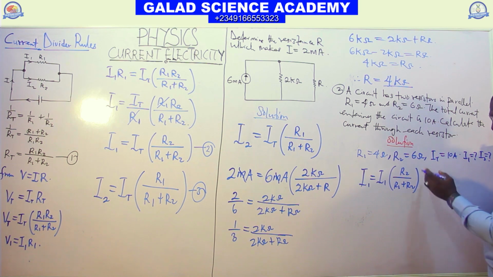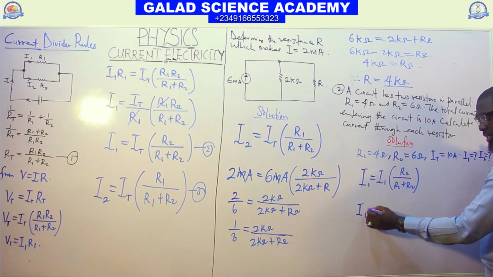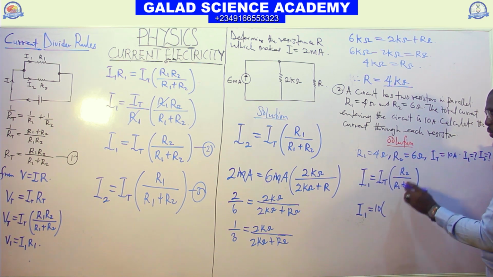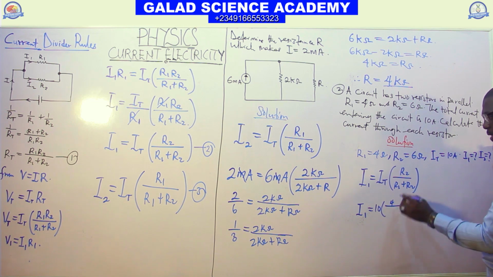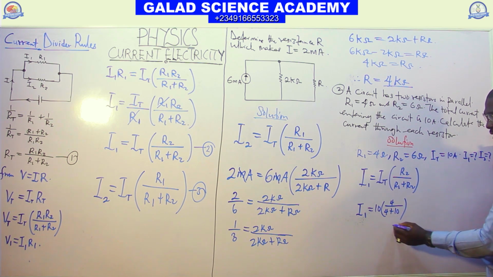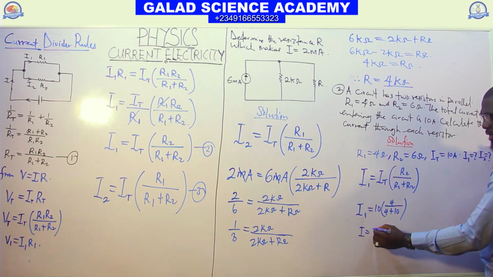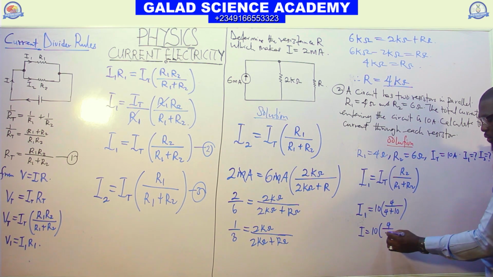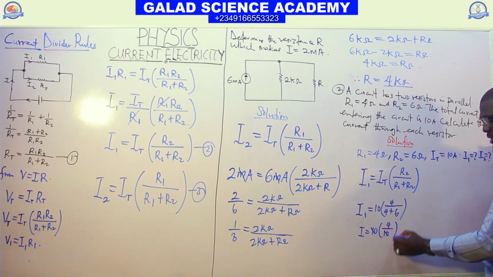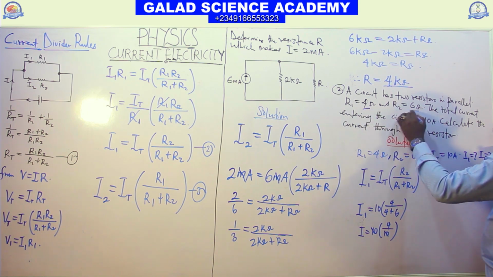So if we follow this, current I1 will be, I total is 10, resistor R1 is 4, R2 is 6.